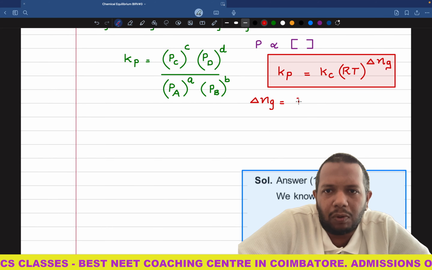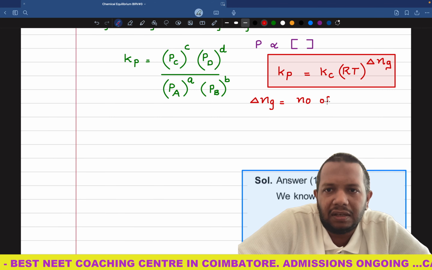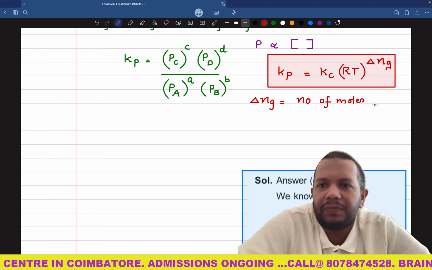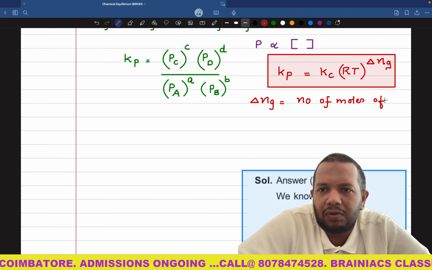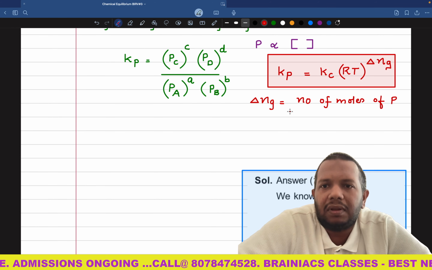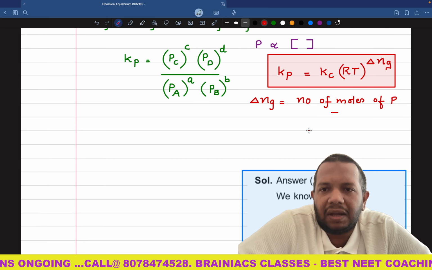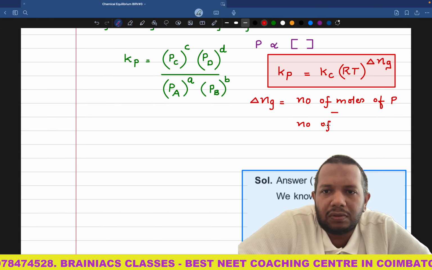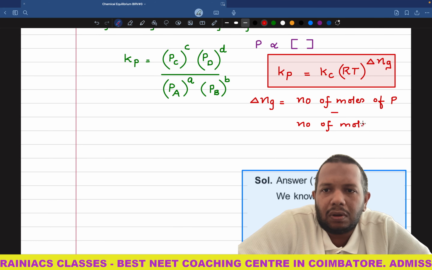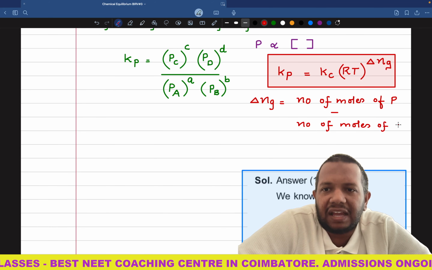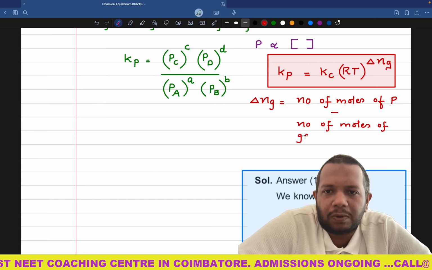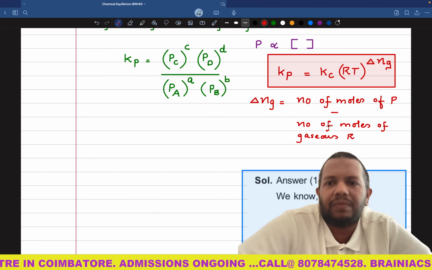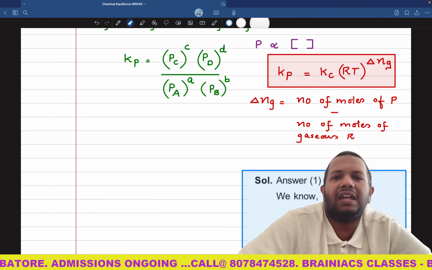Please remember, delta Ng is the number of moles of the gaseous products minus the number of moles of the gaseous reactants.